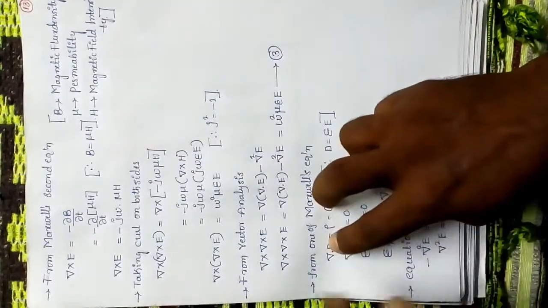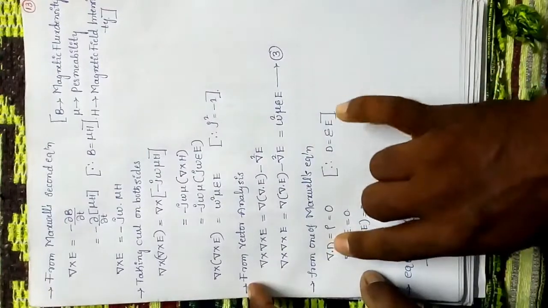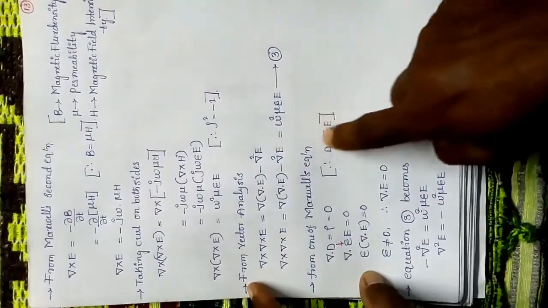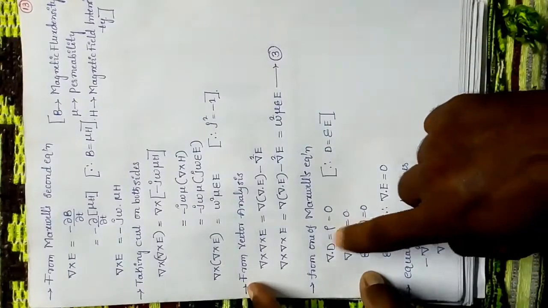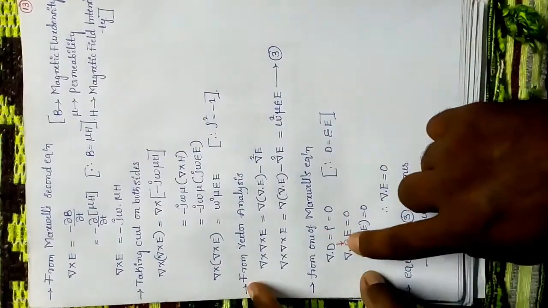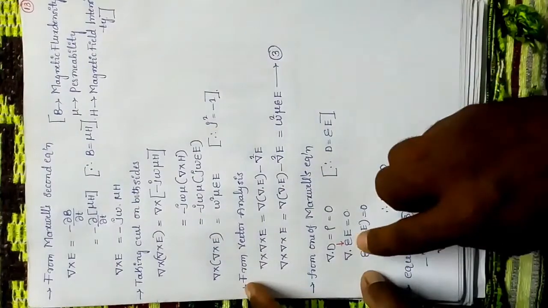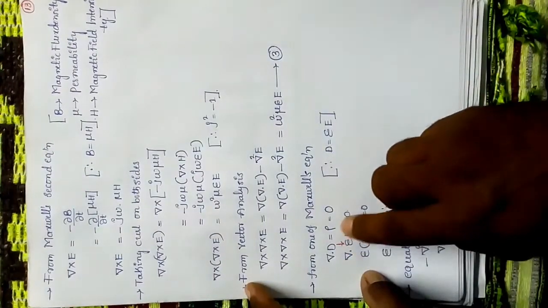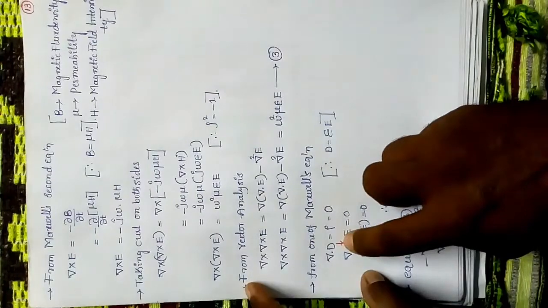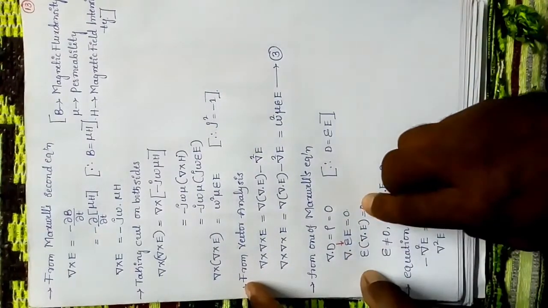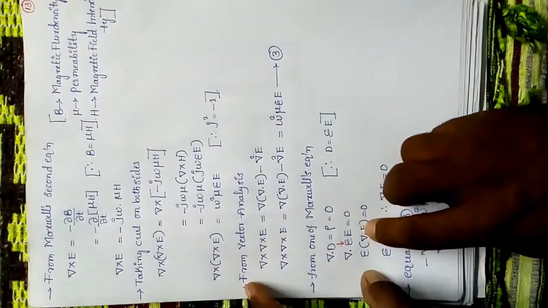The relation between D and E, you already know, is D is equal to epsilon E. So I substitute this in place of D, so finally del dot epsilon E is equal to 0. Here epsilon is the constant, so I'm taking it to the front side, so epsilon into del dot E is equal to 0.